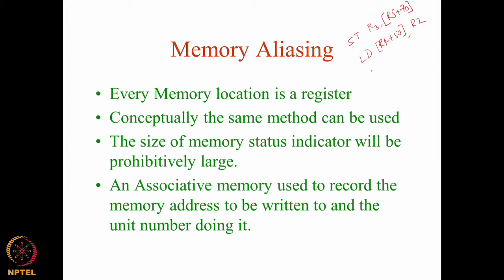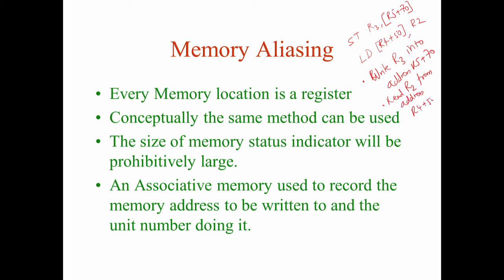That means this is write R3 into address R5 plus 70, and this is read R2 from address R4 plus 50.